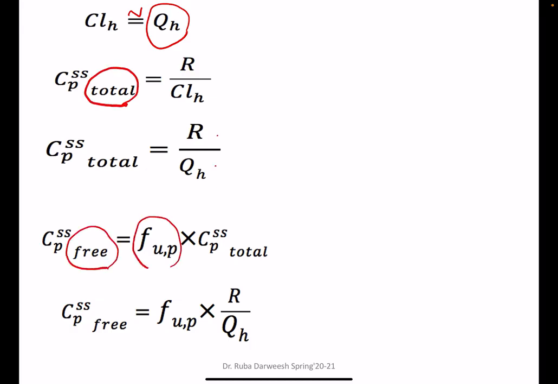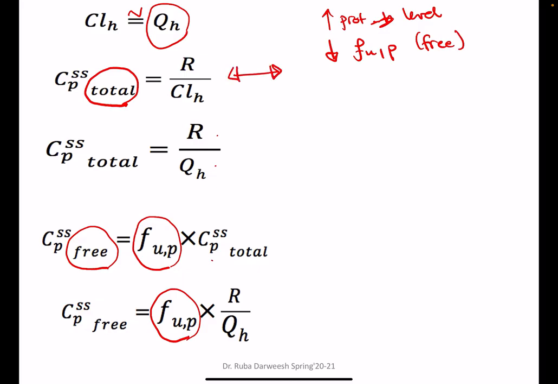The free would be the fraction free multiplied by the total, so the fraction multiplied by R over the hepatic flow. Then we ask ourselves the effect of increases in the protein level. This causes the fraction unbound of the drug to decrease. We will not have any effect on the total because the fraction unbound is not in the equation. But if the fraction unbound decreases, this would cause a decrease in the expected concentration of the free drug.